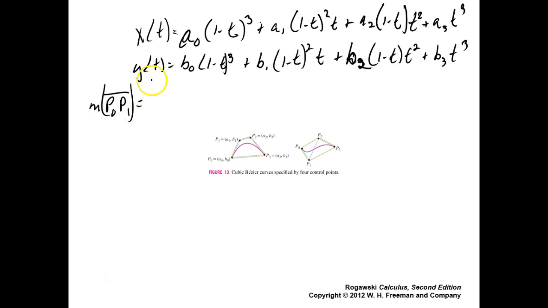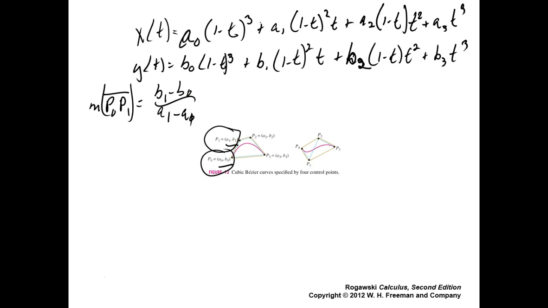Here's your P0, there's your P1. Pretty straightforward, isn't it? What's the slope of the line that goes between those two points? Remember your old slope formula? b1 minus b0 over a1 minus a0. Okay, that's the slope there.